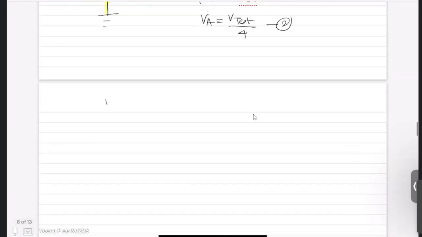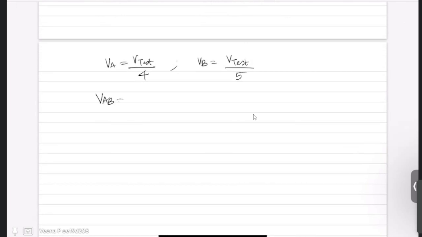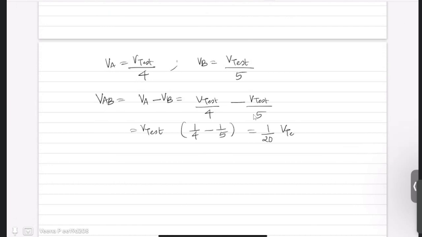So you have your VA as V test by 4 and your VB as V test by 5. That means your VAB is VA minus VB, which is V test by 4 minus V test by 5. So this is V test into (1 by 4 minus 1 by 5), which comes out to be 1 by 20 times V test.